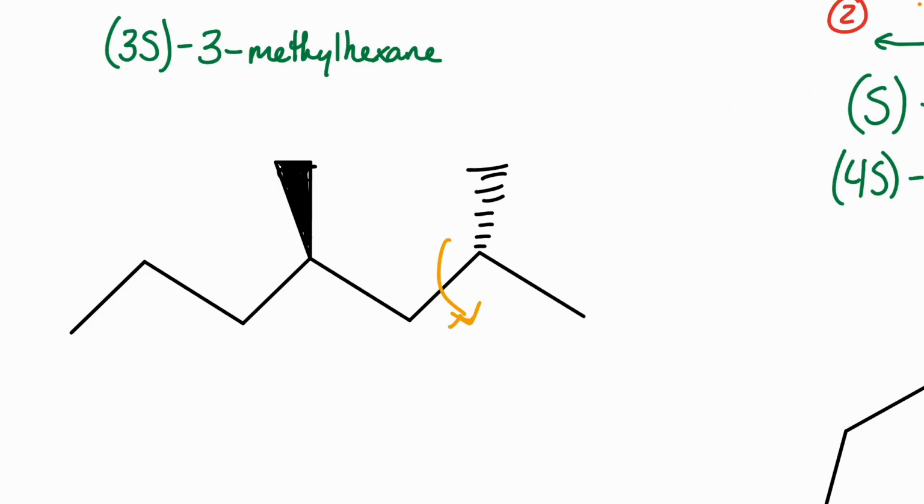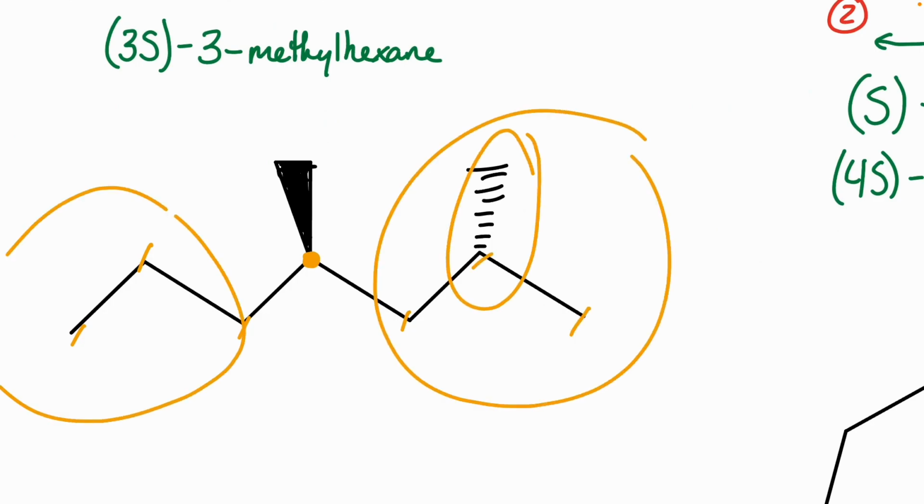You could easily convert between these two just by rotating that bond. All right, this one, however, is a stereocenter. Okay, there are 1, 2, 3 carbons on each side, but these are still not identical groups because of that branch point right there.